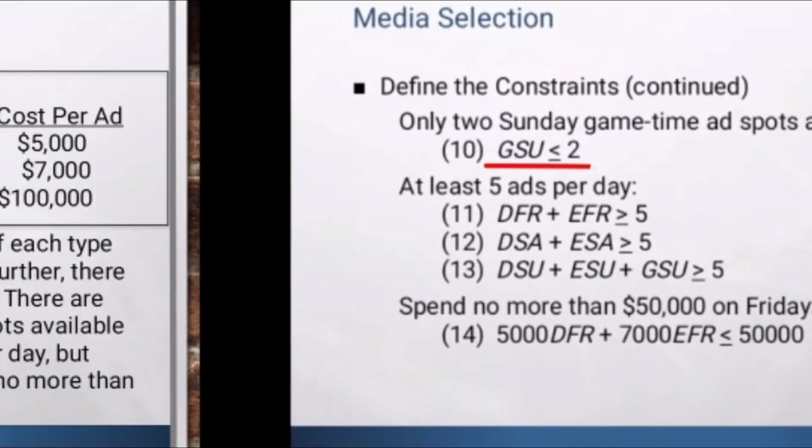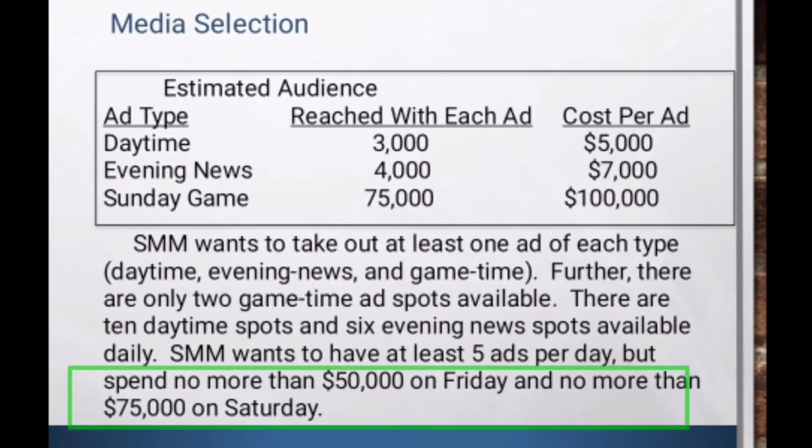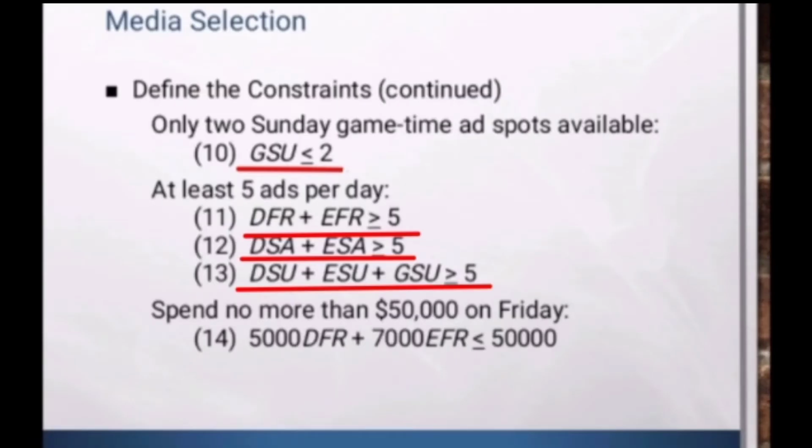And then again, it is stated here that at least 5 ads per day but spend no more than $50,000 on Friday and no more than $75,000 on Saturday. So we use the estimated cost per ad, which is 5,000 for daytime and 7,000 for evening. And we have here spend no more than $50,000 on Friday. So 5,000 DFR plus 7,000 EFR is less than or equal to 50,000.